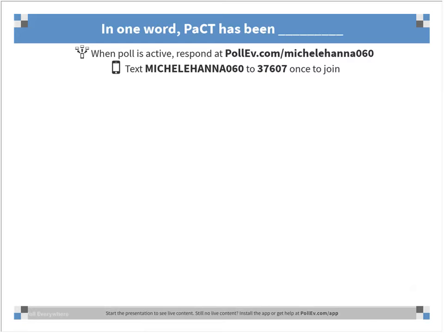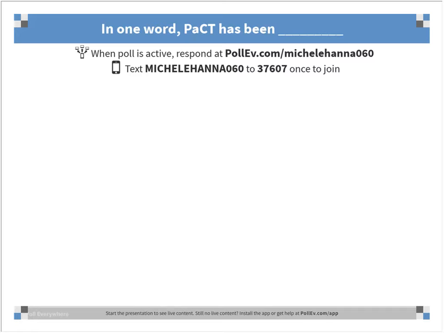At the top of the screen, just below the question, you'll see some of the instructions. I'll walk you through the cell phone instructions to start. Those interested in responding by cell phone, pull out your cell phone and create a new text message. In the to section at the top, type in 37607.